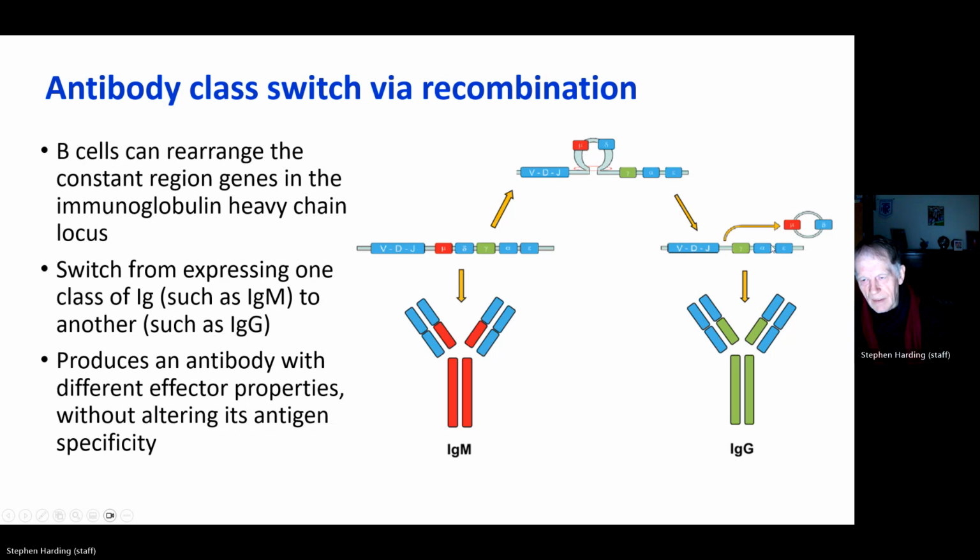IgG, so a gamma mu switch, and this produces an antibody with different effector properties, because the different classes will have different Fc binding receptors without altering the antigen specificity.